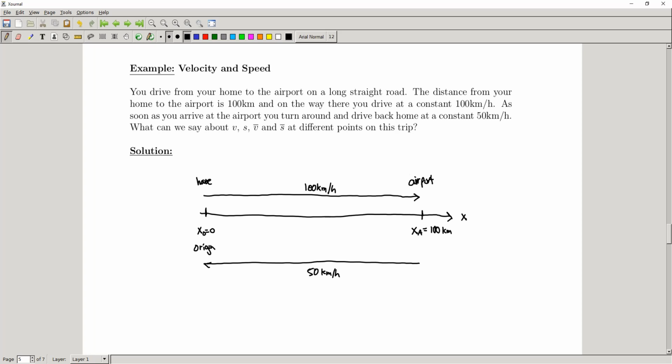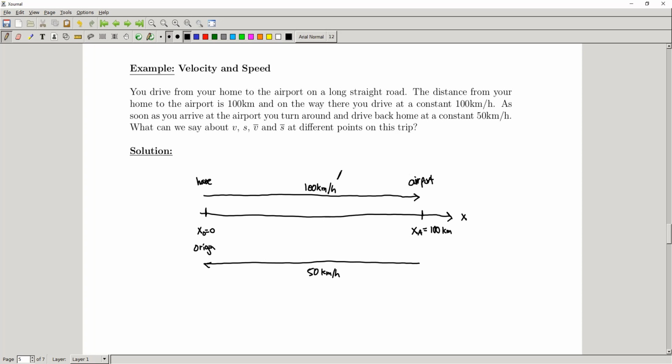What can we say about the velocity, either instantaneous or average, and the speeds over the trip? Let's take a look at what our instantaneous velocity would be at any point on our trip from the house to the airport.